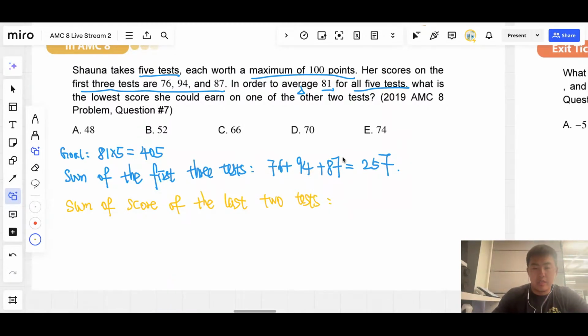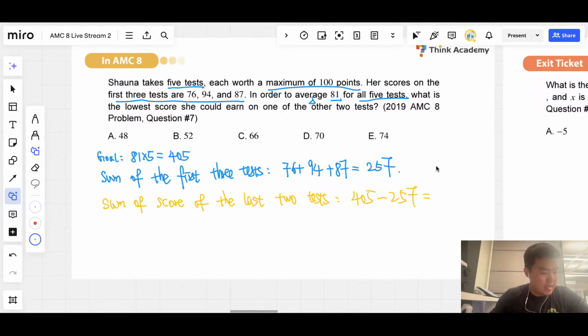Okay, so this should be 405 subtract 257, so the answer is 148, right? So for the last 2 tests, Shauna, in order to achieve her goal, must get 148 points in total.